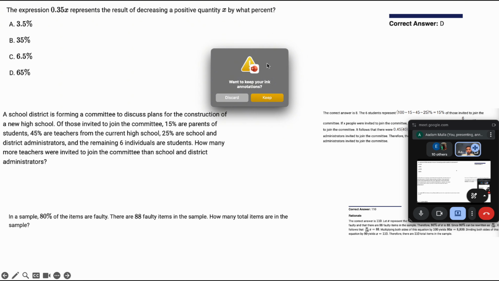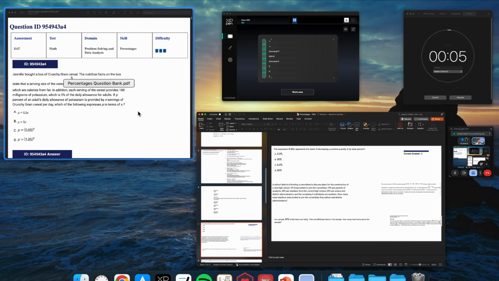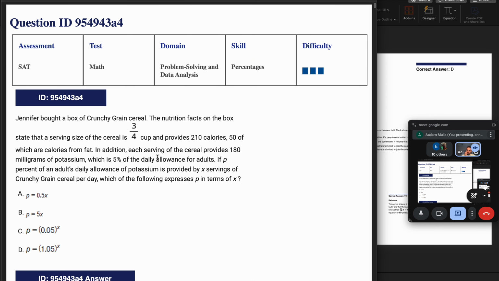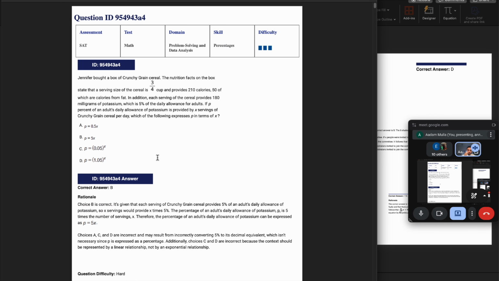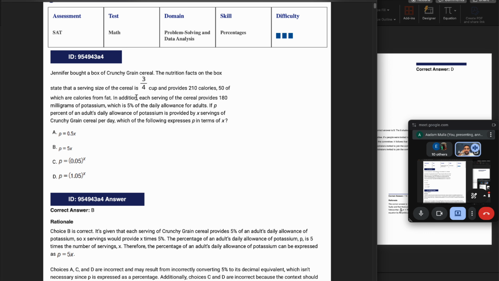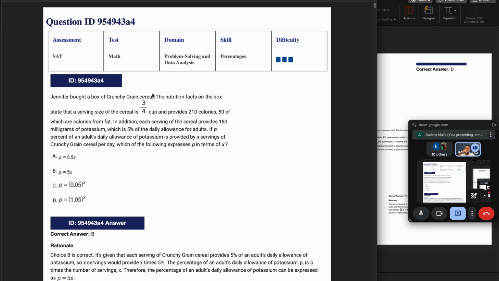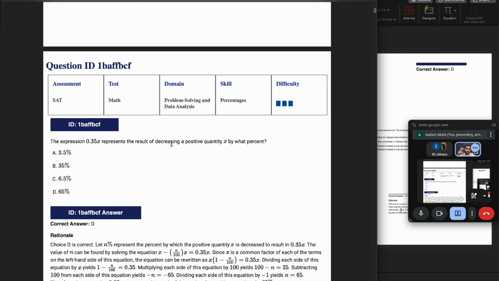Okay, we're going to start looking at some previous SAT questions. So what I've done is I've pulled out a worksheet. It's similar to a worksheet that I'm going to be giving you next time. It basically contains a bunch of past paper questions, and this one specifically is on percentages, but I'm going to be giving you a set of questions like this to do for homework next time.